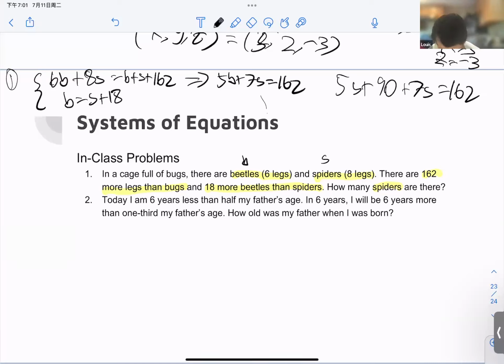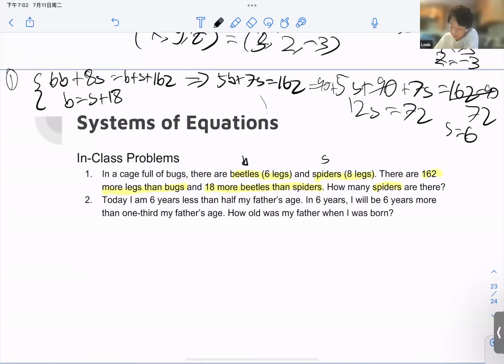If we minus 90 on both sides, this gives us 72. So 12S equals 72. So S equals 6. Questions for the first problem? No questions, and I'll move on.